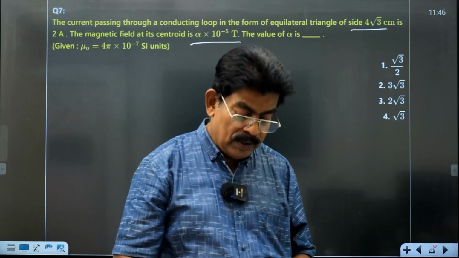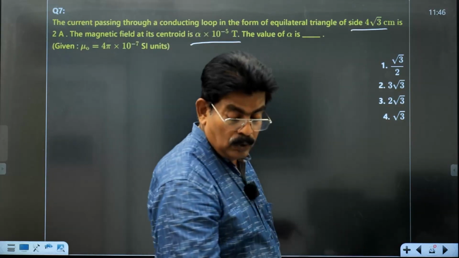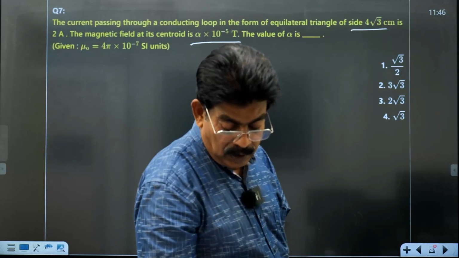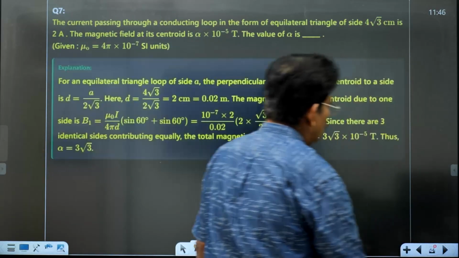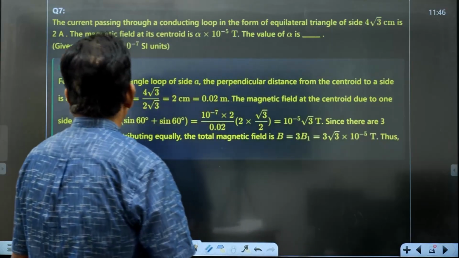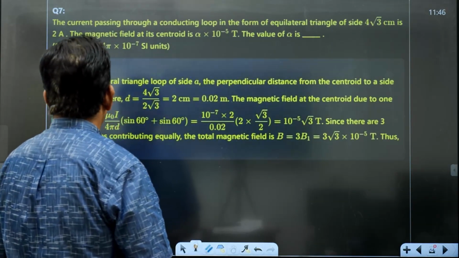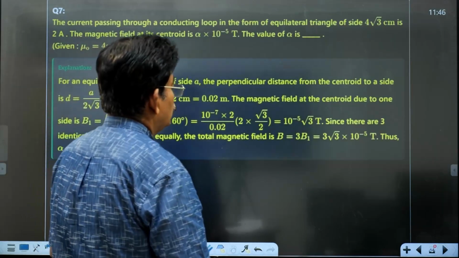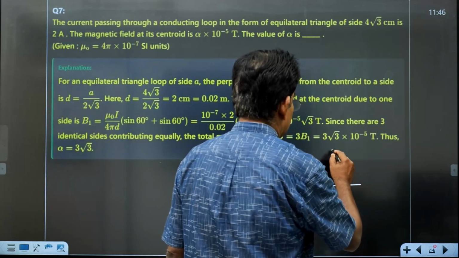Look, what explanation we are giving. Equilateral triangle side: you know the magnetic field due to one finite conductor.